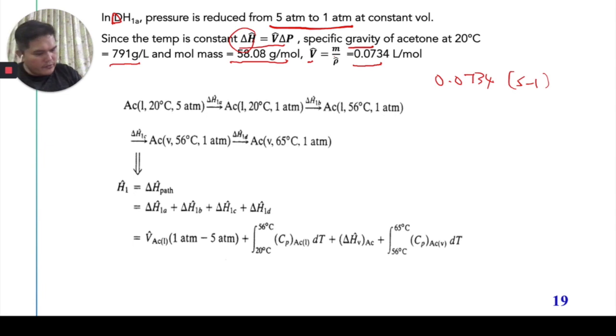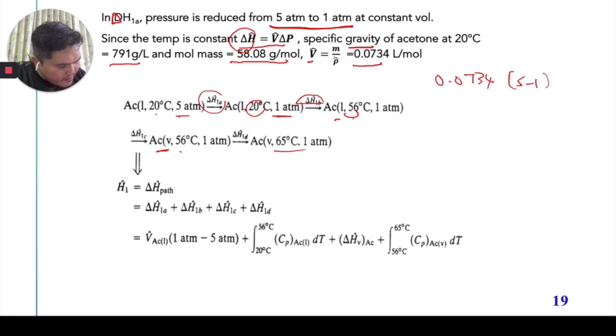So this is the hypothetical process happening from 20 degrees Celsius to 65 degrees Celsius. You have a change of pressure initially at similar temperature and similar phase, and then there is a change of temperature. So this is delta H1B, and then there is a change of phase, from liquid to vapor.